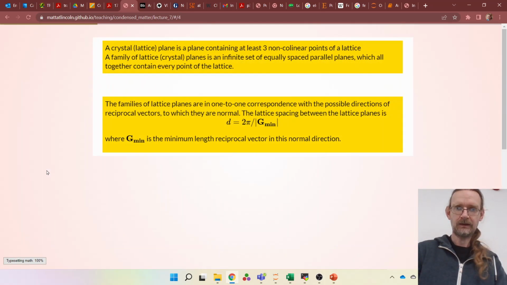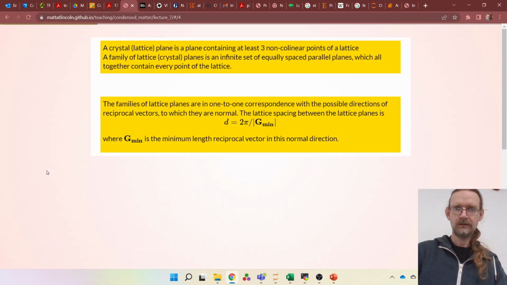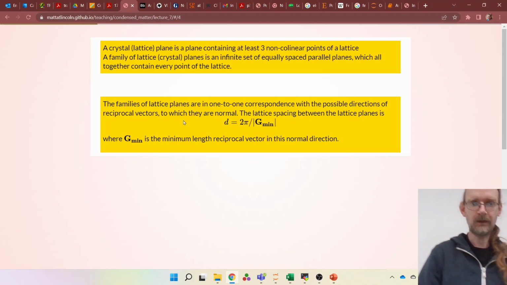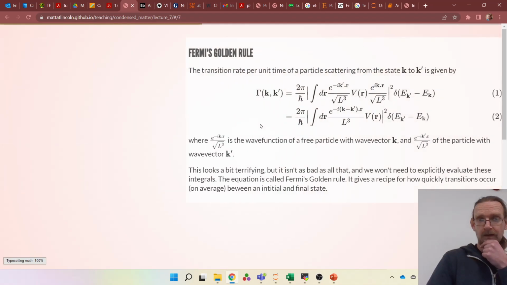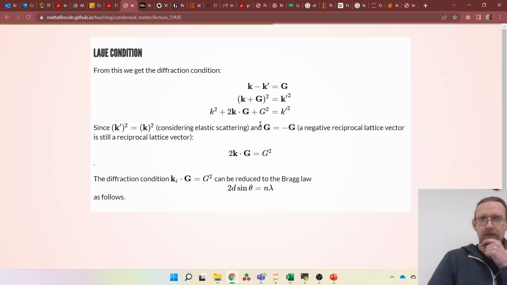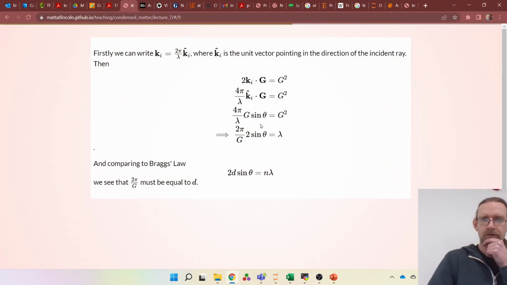So the slides we had yesterday. We had this relationship right from the beginning, that the different distances we get in a crystal, these d's, would be 2 pi over the length of our reciprocal lattice vectors. And we did a whole bunch of stuff.